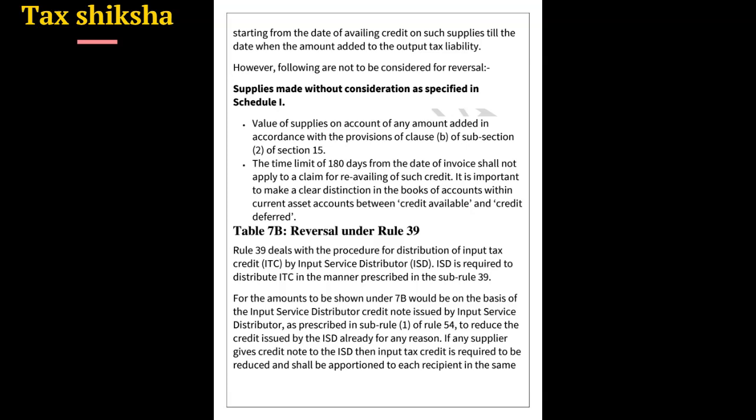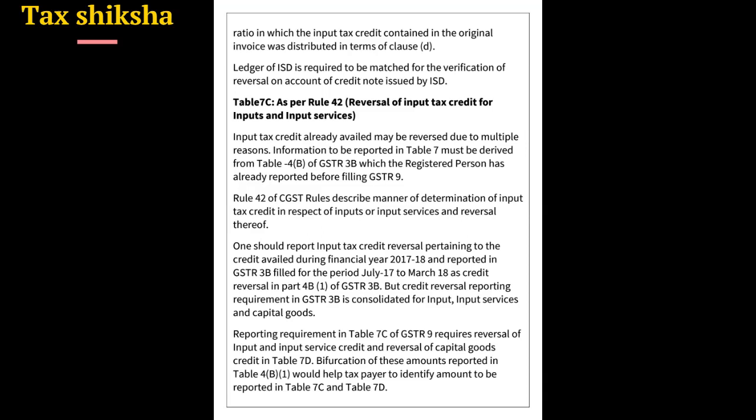Input tax credit already availed may be reversed due to multiple reasons. Information to be reported in Table 7 must be derived from Table 4B of GSTR 3B, which the registered person has already reported before filing GSTR 9. Rule 42 of the CGST Rules describes the manner of determination of input tax credit in respect of inputs or input services and reversal thereof.